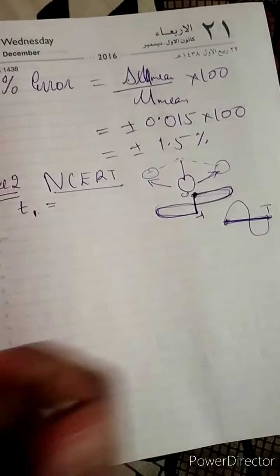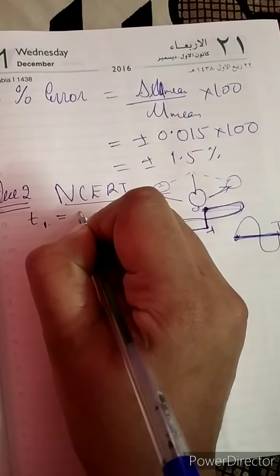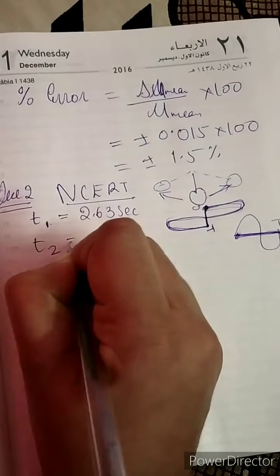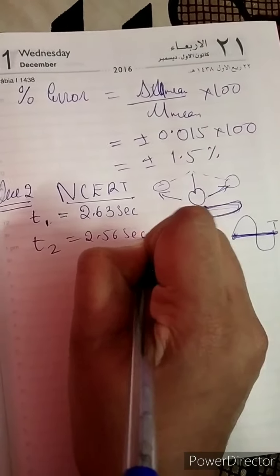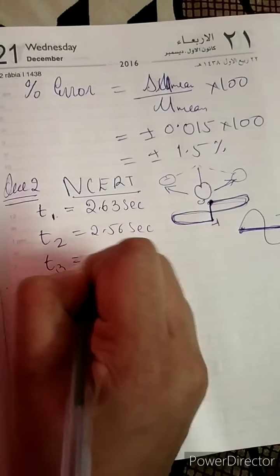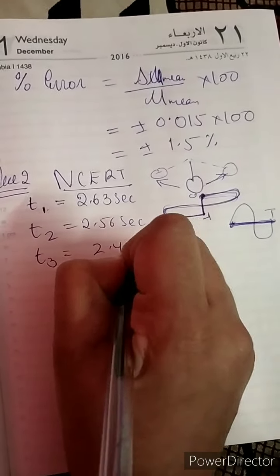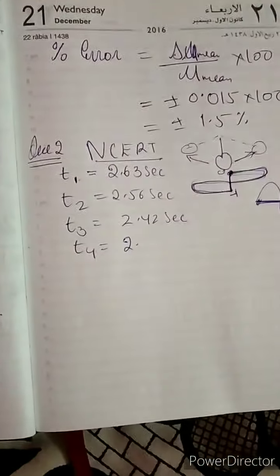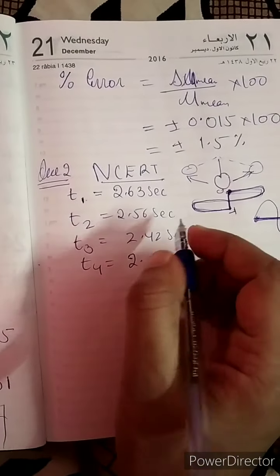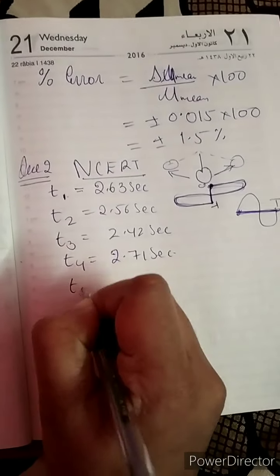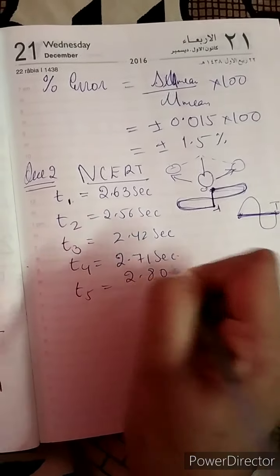Some student noted some readings, and let's say he noted them this way: T1 is 2.63 seconds, then T2 is 2.56 seconds. Let's say he takes 5 readings: T3 is 2.42 seconds, T4 is 2.71 seconds, and T5 is 2.80 seconds.